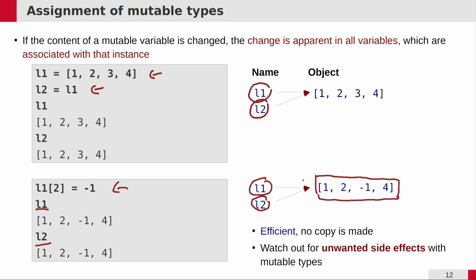So if you are manipulating one of them, the other will see it too. Of course, sometimes this can cause unwanted side effects, which are not that easy to debug. So even if Python behaves in a strange way you don't expect, and things start to change although they are not supposed to be changed, very often this is exactly what is behind that. So please watch out for that.